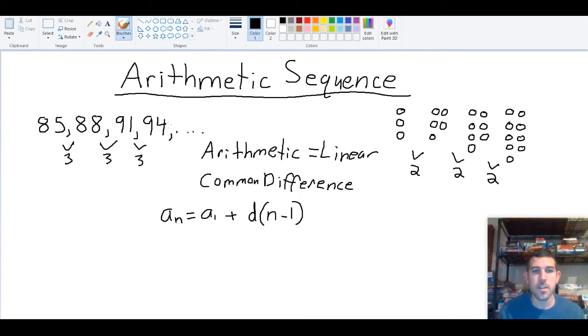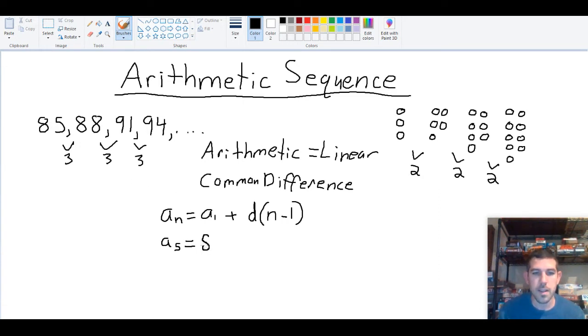First, let's use it on what we know we could figure out. We know this 5th term is going to be 97, right? Let's test out our formula. So in this case, we would say A5, meaning I want to know the 5th term, is going to equal A1. What's my first term, or my first number of the sequence? 85.